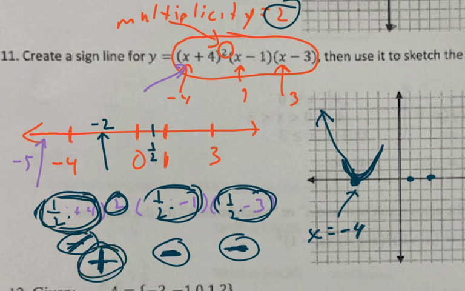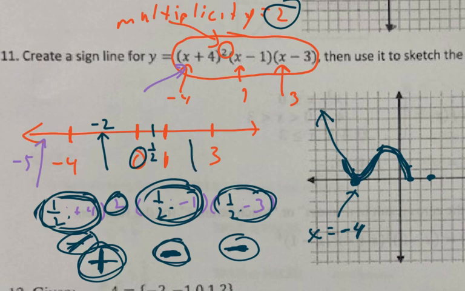Squared stays positive. 1/2 minus 1 is negative. 1/2 minus 3 is negative. Again, it's positive between, oh, wait a minute. Yeah, it stays positive between 0 and 1. So we know it's doing this right here, in other words. It's positive left of 1. We didn't have to actually do the 1/2. The 0 I confused myself with.